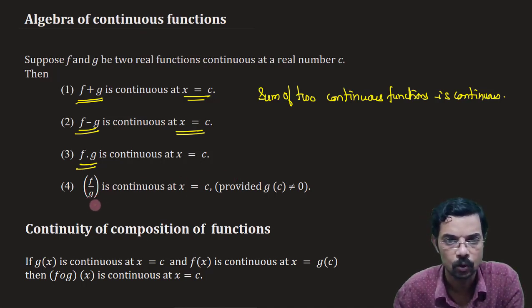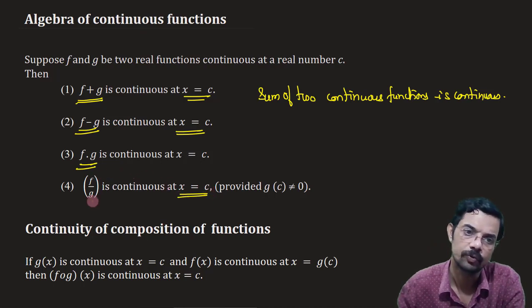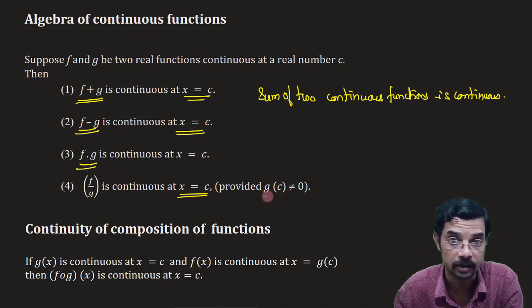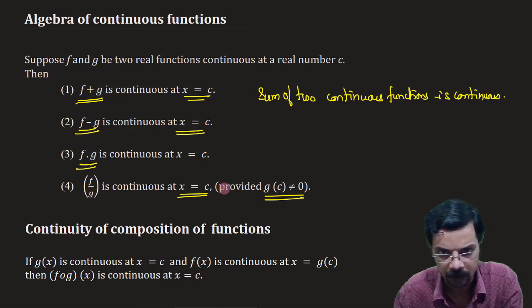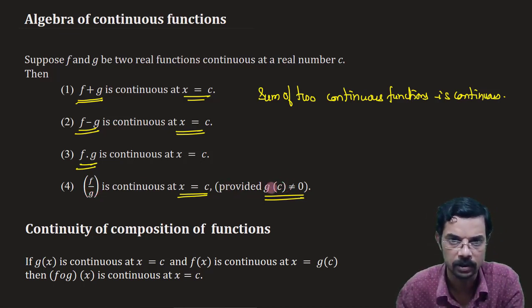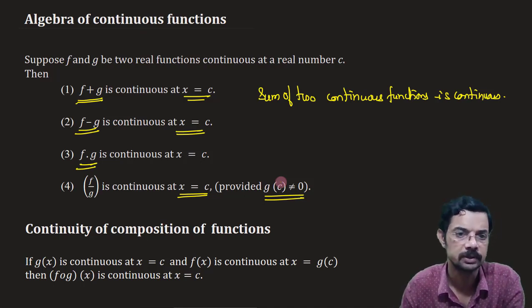So the quotient of two continuous functions is also continuous at that point of continuity where both functions are continuous and defined. When g of c is equal to 0, f by g will not be defined. That is why we exclude the point c where the function g becomes 0.